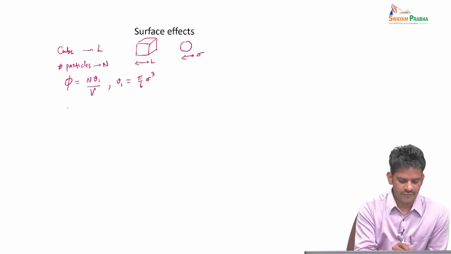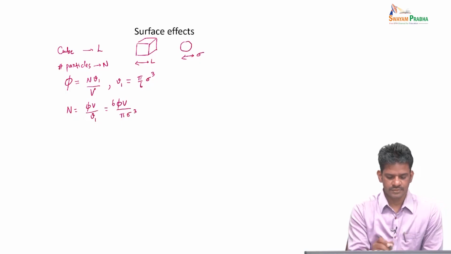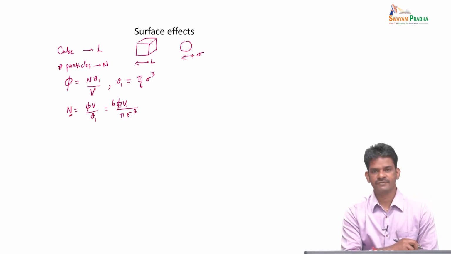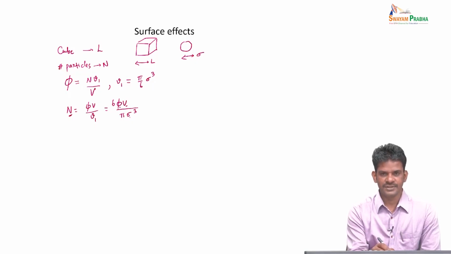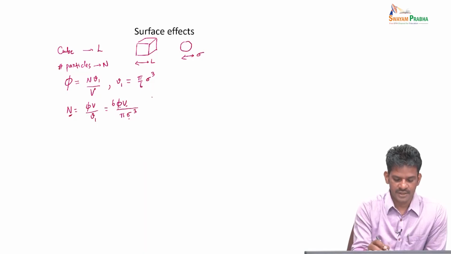From here we solve for n, which is phi times V by V1. What this expression tells you is the number of molecules required to fill a box of volume V corresponding to a volume fraction of phi, where each molecule has a size of sigma. Now we can also substitute for V, which is L cube.